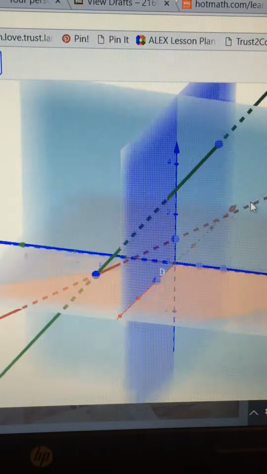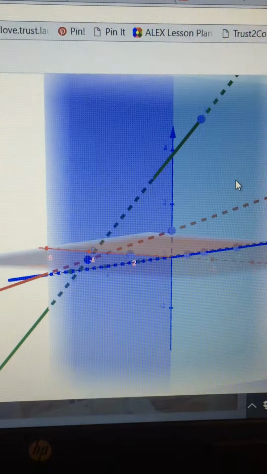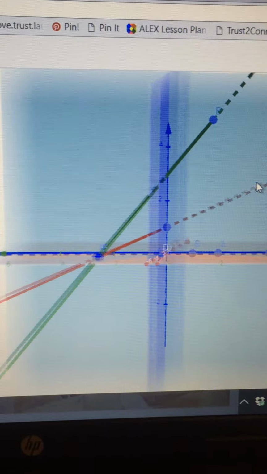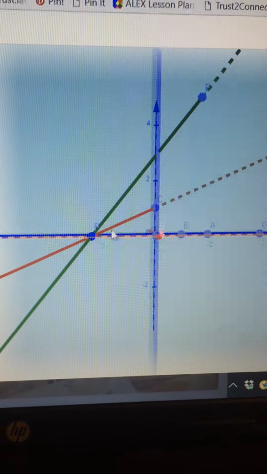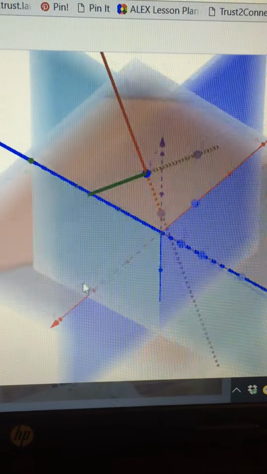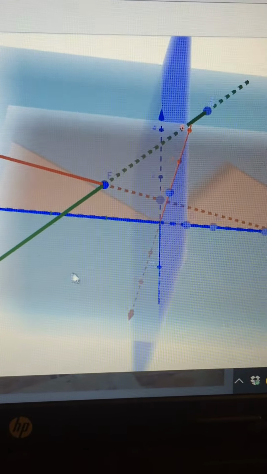So I knew I could definitely prove 3, but then I just messed around until I figured out that I could make a line go through 4, and that is the green line. I'm going to go really slow here so you can see the visualization.